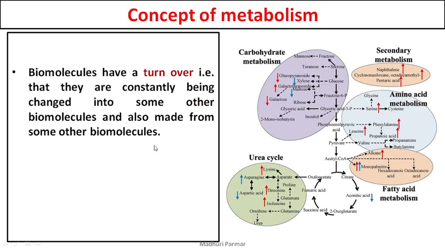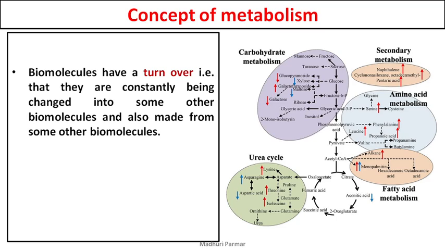You have the concept of metabolism. Biomolecules have turnover. That is, if glucose was synthesized today in plants, it will not always remain glucose till the end of time. It will get converted into triose sugar. Then from trioses, we will make ATP.